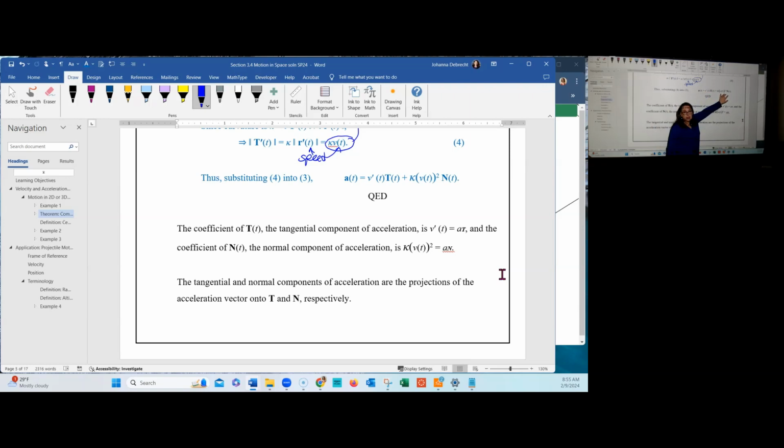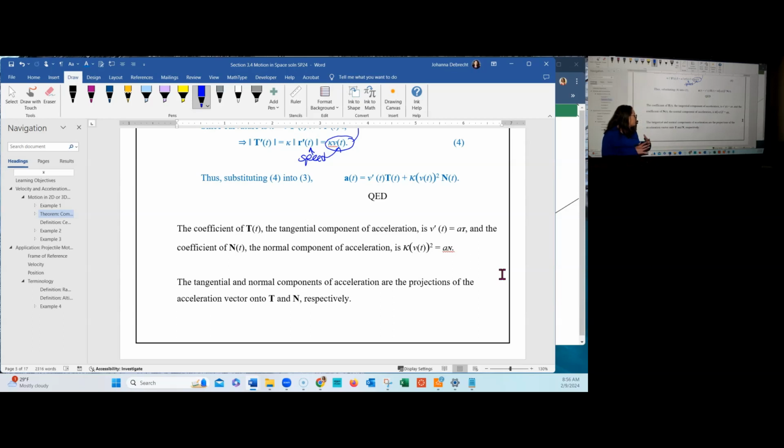And a sub n, the normal component of the acceleration vector, is the real valued function kappa for curvature times the speed squared. All right. And these are real valued functions, so they're scalars. So a sub n and a sub t are not vectors. They're multiplied by unit vectors, but they are not themselves vectors.